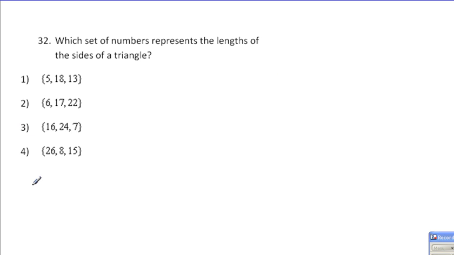All right. Now, number 32. Which set of numbers represents the lengths of the sides of a triangle? In order for us to see this, we use the triangle inequality, where the sum of two sides has to be greater than the third.